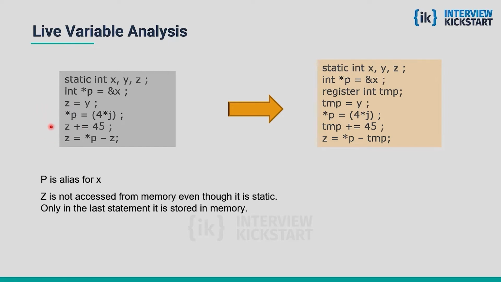There is z equal to y, z equal to z plus 45, and then finally x minus z. Now, the compiler is smart enough to know that this is actually not needed; we will see how the compiler optimizes in the actual disassembly code. The first point of live variable analysis is to use a temporary variable, which is in a register, rather than fetching every time from the memory.